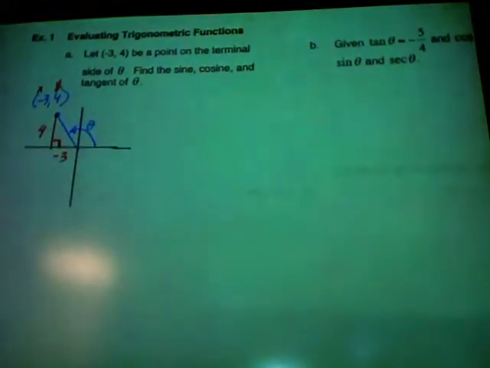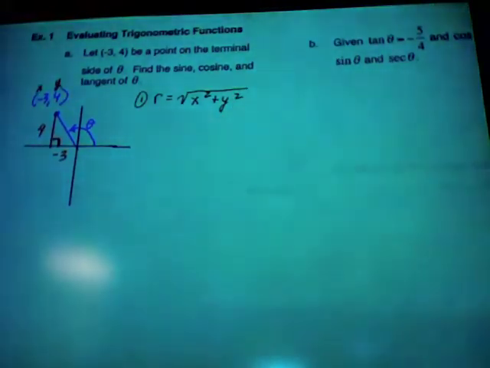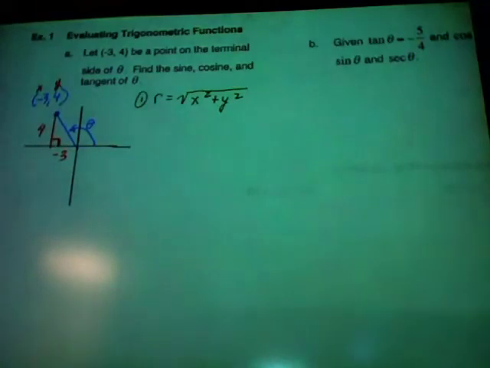Okay? So for me to find sine, cosine, and tangent, don't I need to know my hypotenuse? All right, so step 1, I'm going to use r equals the square root of x squared plus y squared. That comes from Pythagoras' theorem, right? So plug that in.